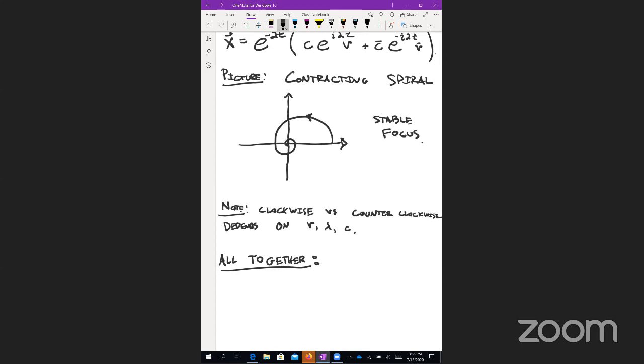And these are often summarized in what's called the trace determinant plane.